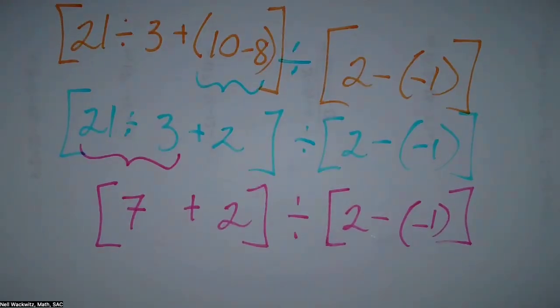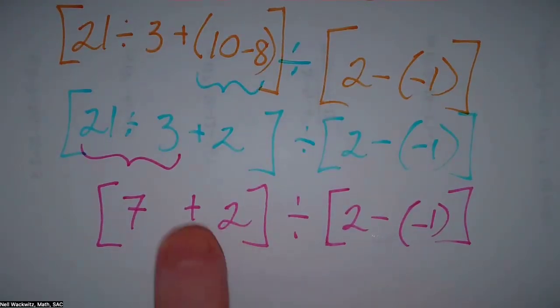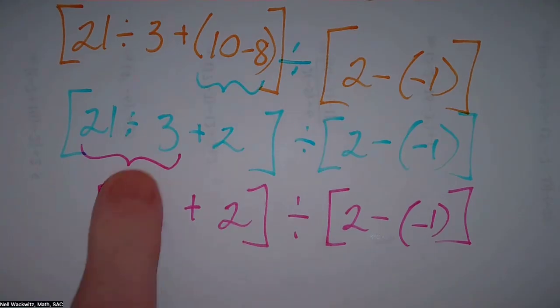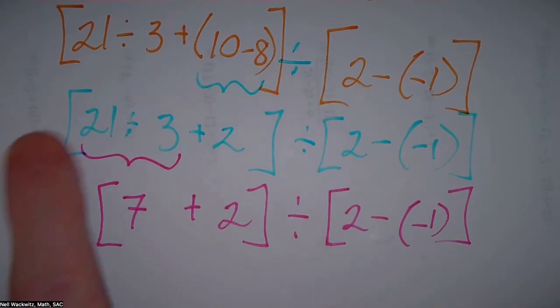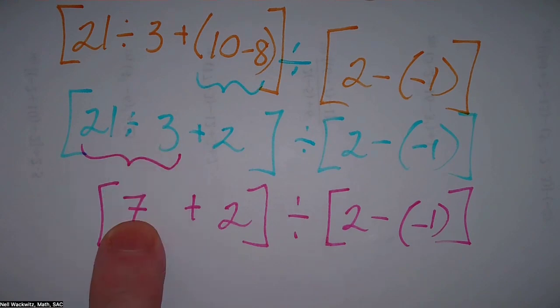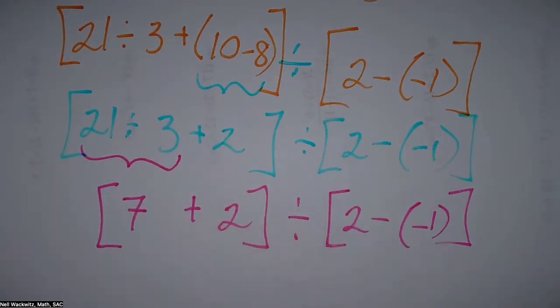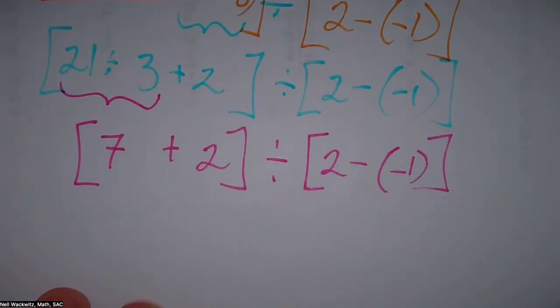It really helps, and it doesn't take too long, to copy the things you didn't change next to what you did change. So we found 21 divided by 3 is 7, and just copied the rest.